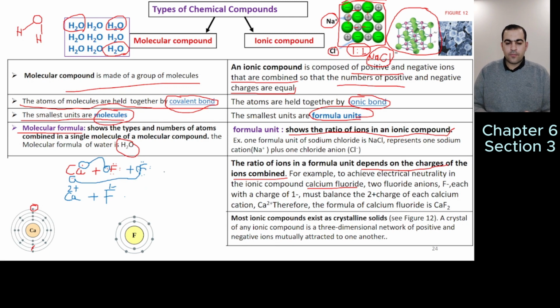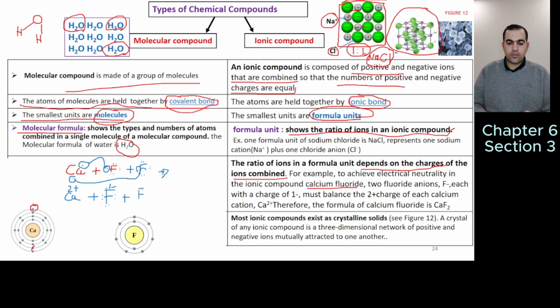So how is it going to be? Calcium will get 2 positive, fluorine 1 negative, like that. Now fluorine has 8, and its charge is 1 negative.